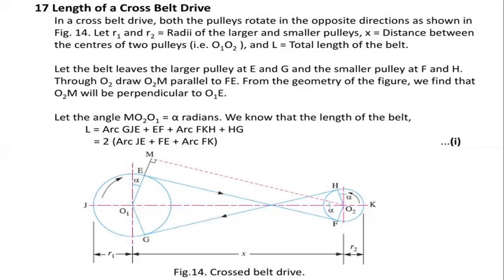So here R1, R2 be the larger and smaller pulleys, and X be the distance between the centers of the two pulleys, that is O1 and O2.